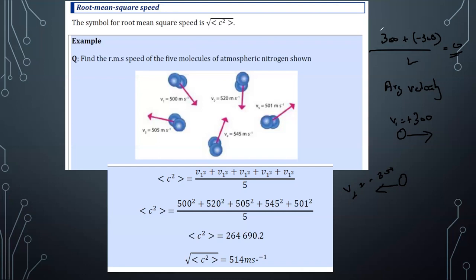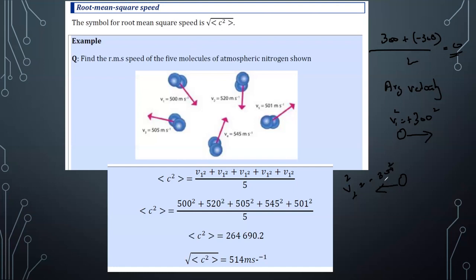Because if one velocity is positive, the other one is negative. So how can we make both of them positive? First we square them. If we square them, both will become positive, because the square of a negative number or a positive number is positive.